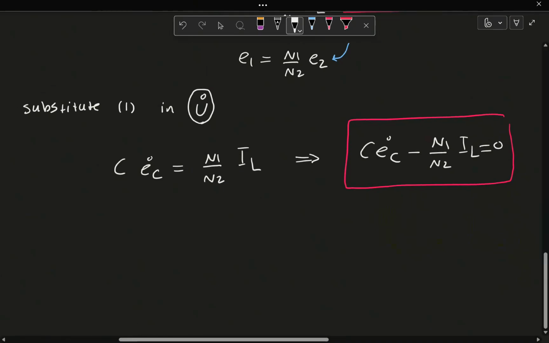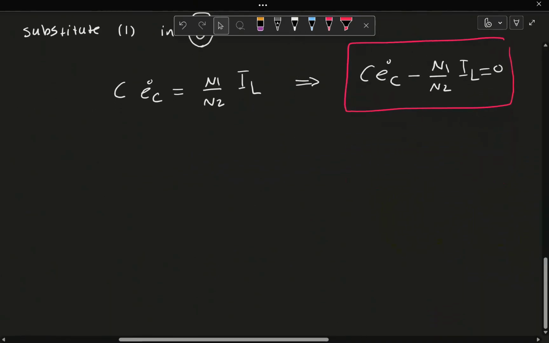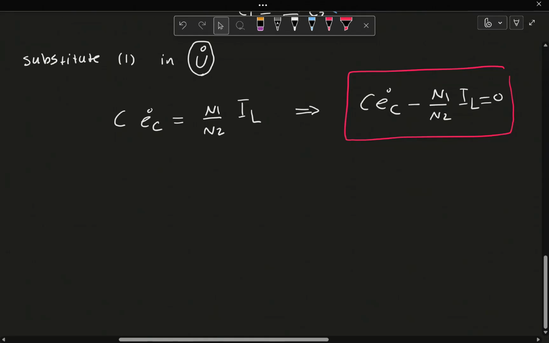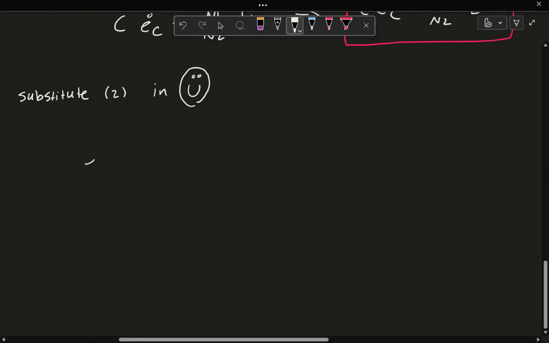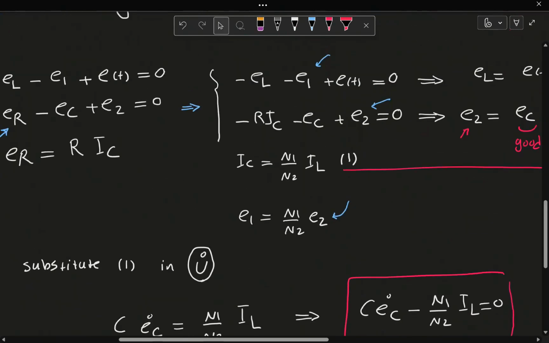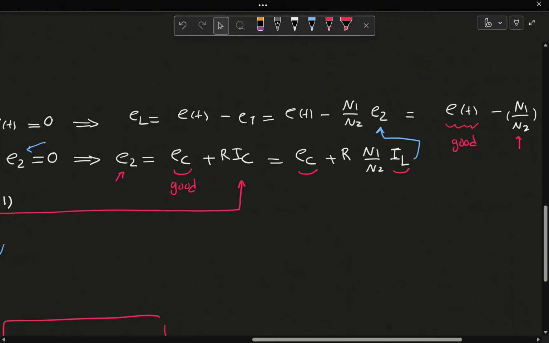The other one you can find by substituting 2 in the inductor equation. So substitute 2 in the inductor equation. You will have, instead of EL equals L I dot L, you can go ahead and substitute it from here.